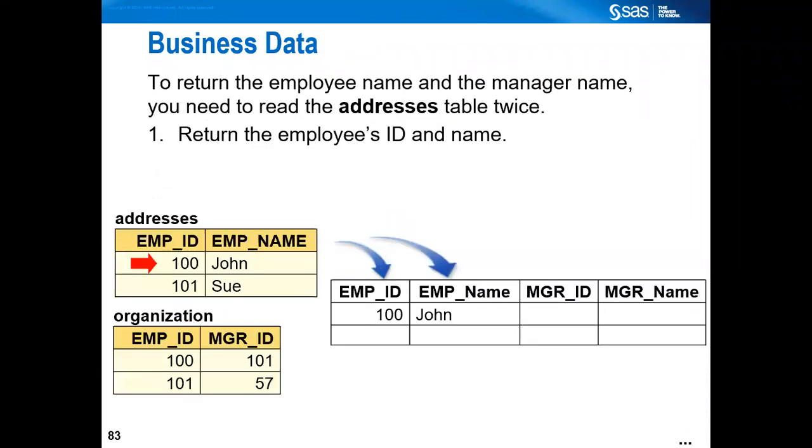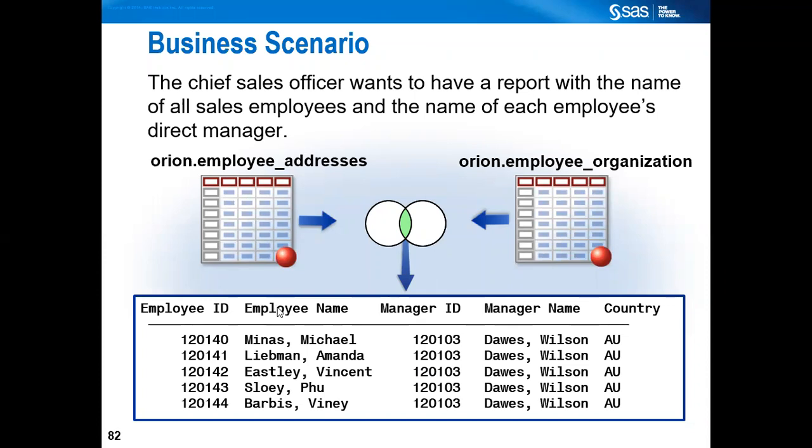The business data we are looking for is to return the employee name and the manager name. You need to read the addresses table twice. Why? Because we want the information of all the employees and also the managers. Managers' information is saved in the address table as an employee, whereas the organization table has the information of managers.